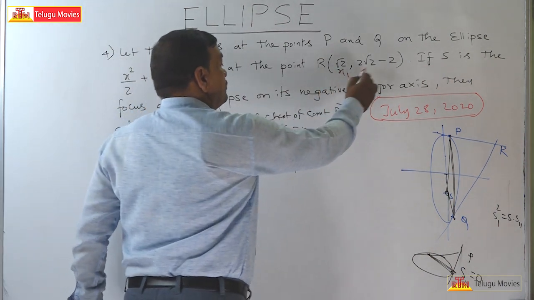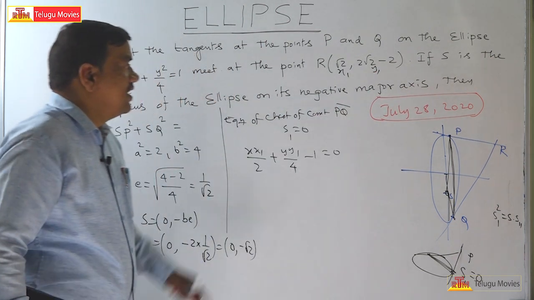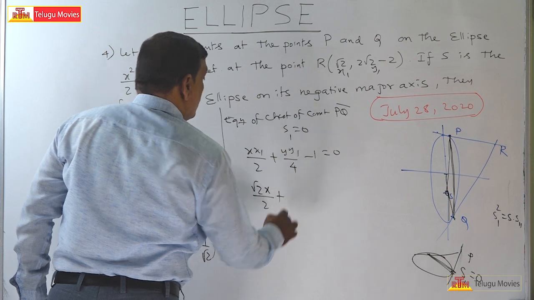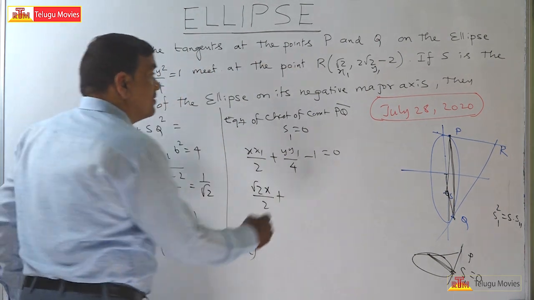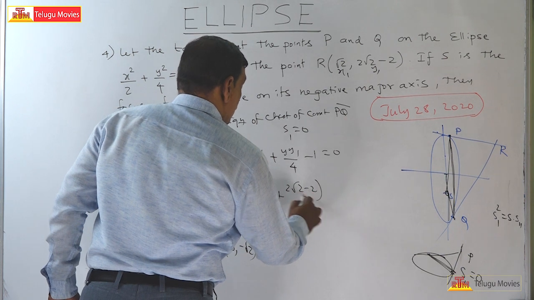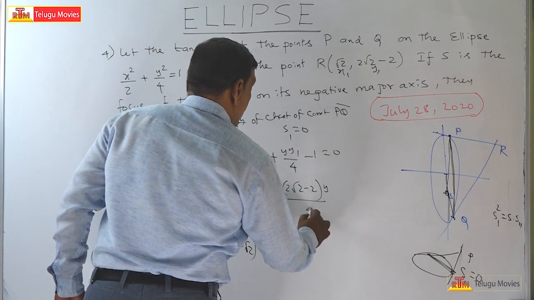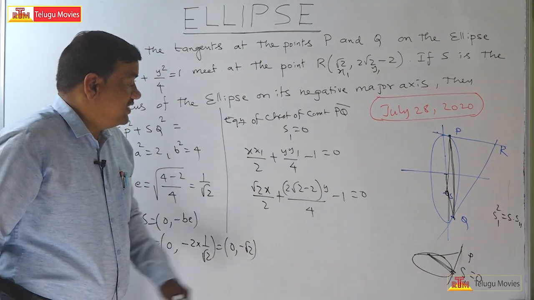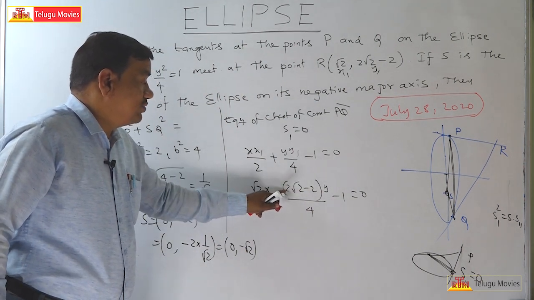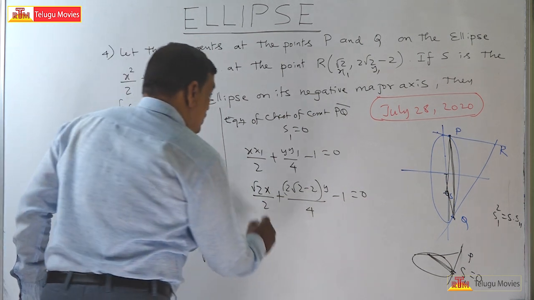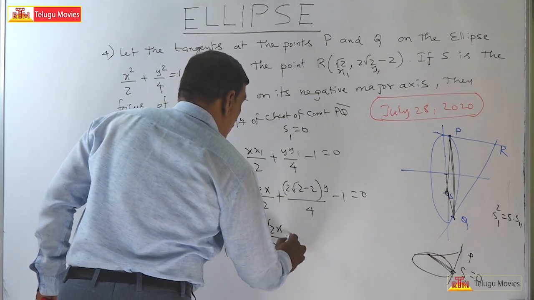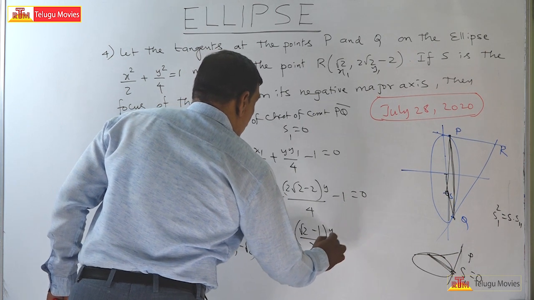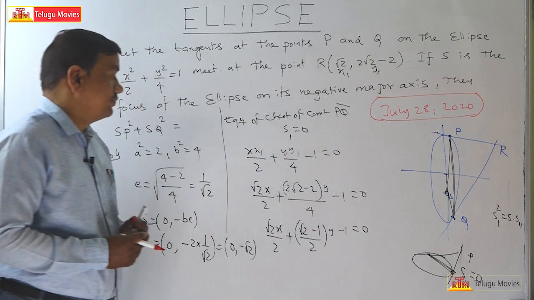This is from the point from which you have drawn the two tangents. x1 means root 2, that means root 2 x by 2 plus y1 is 2 root 2, minus 2 y by 4, minus 1 is equal to 0. Put it like this here. Take the 2 common outside and you can cancel it with the one here. So this is equal to root 2 x by 2 plus (root 2 minus 1) by 2 into y minus 1 is equal to 0.